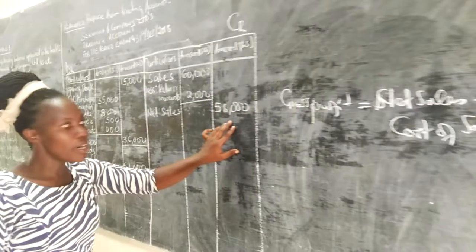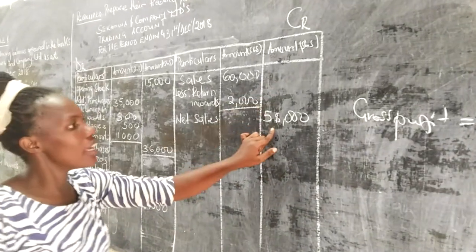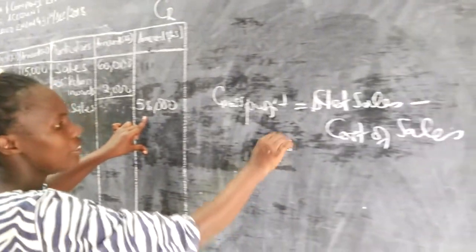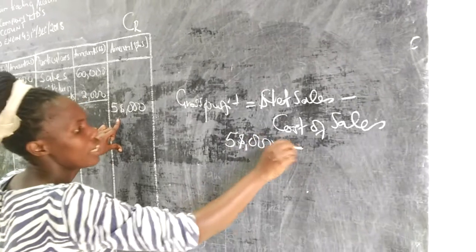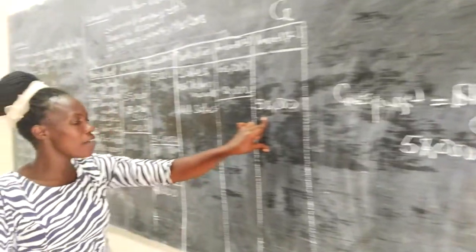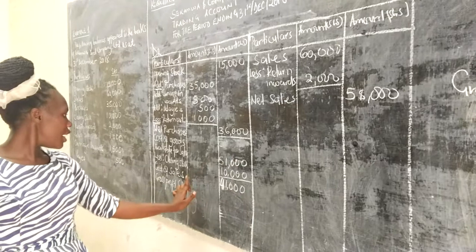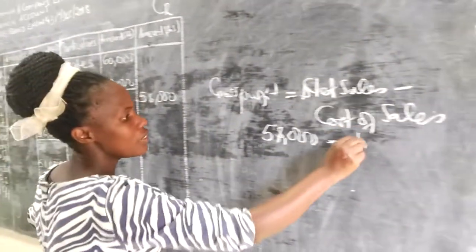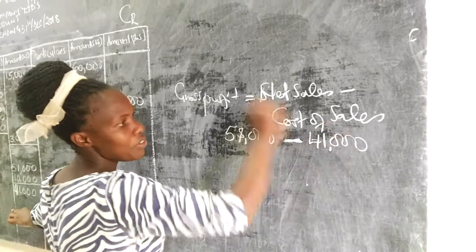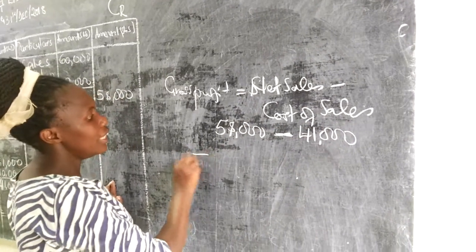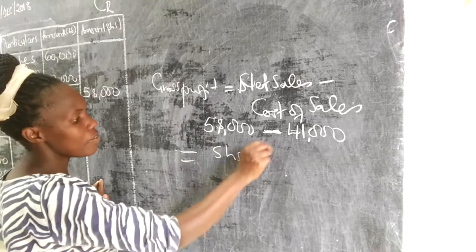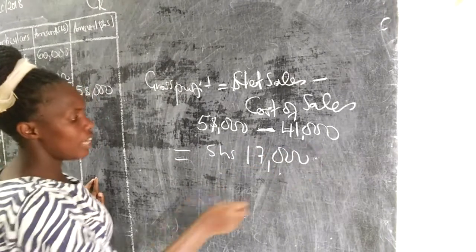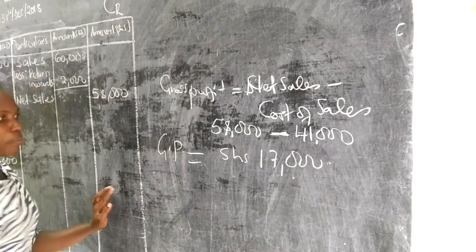According to this number, our net sales are 58,000 minus cost of sales we have calculated. Here, cost of sales was 41,000. You do this on your side work. And this one will give us shillings 17,000 as our gross profit.